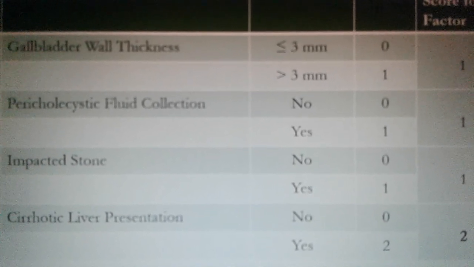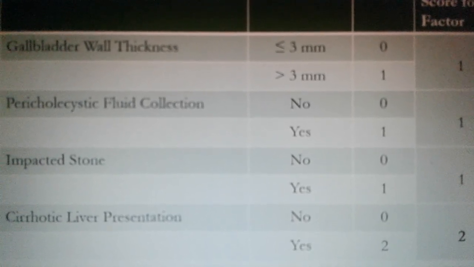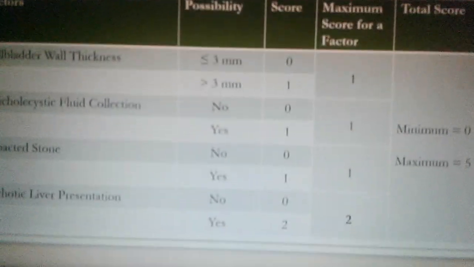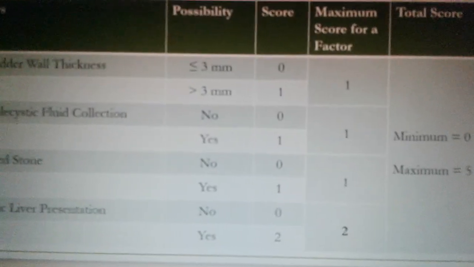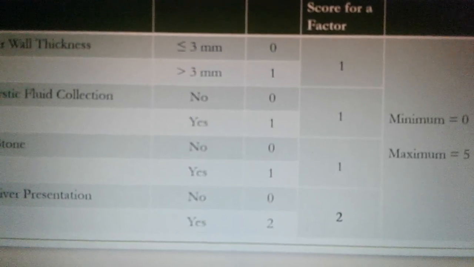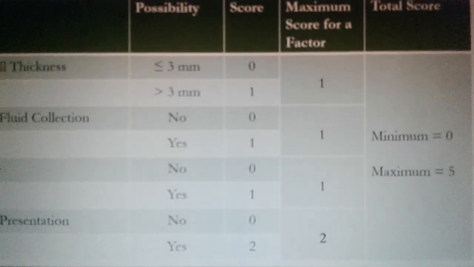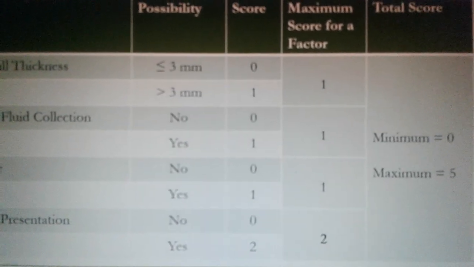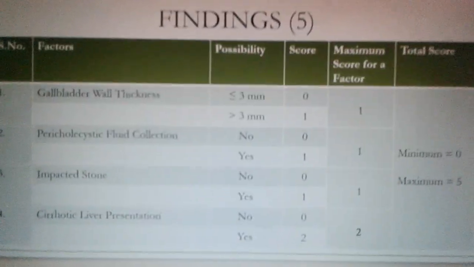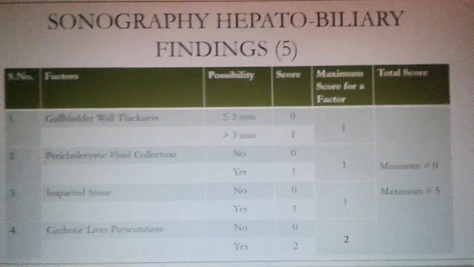Cirrhotic liver presentation or features of portal hypertension, no, 0. Yes, 2. So if we add up the maximum score, that is 1 plus 1 plus 1, 3 plus 2, 5. So the maximum score here is 5. 0 plus 0 plus 0 plus 0, minimum score is 0. So in sonography hepatobiliary findings, the maximum score is 5.